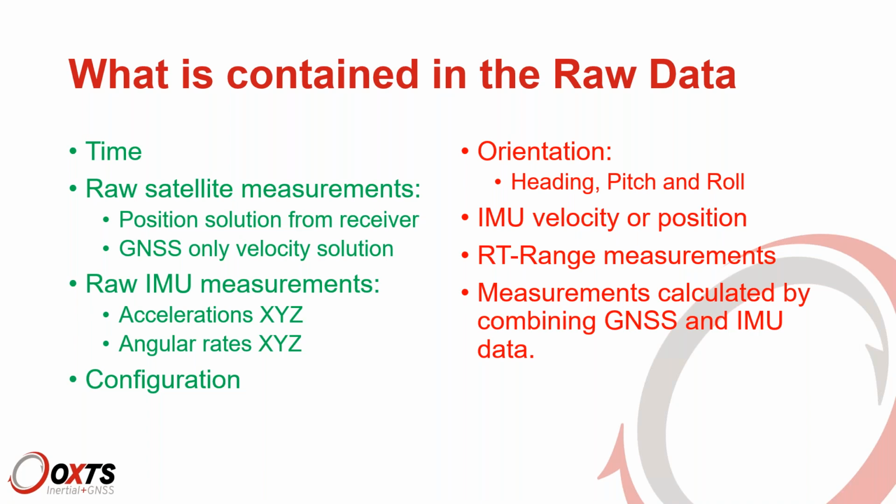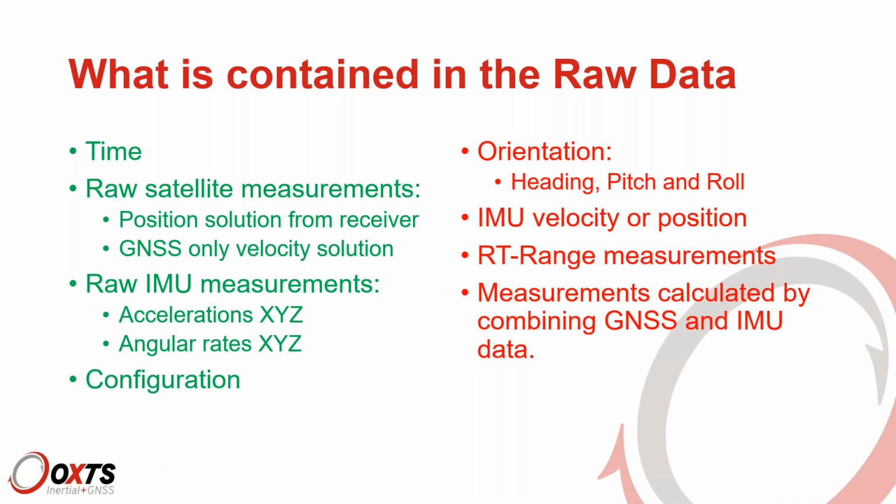So any forward or lateral measurements. You also don't get any velocity measurements or position measurements from the IMU because these need to be processed from the acceleration and angular rates measurements.